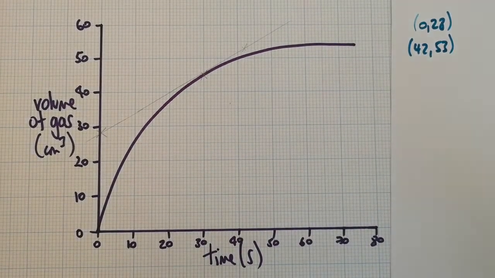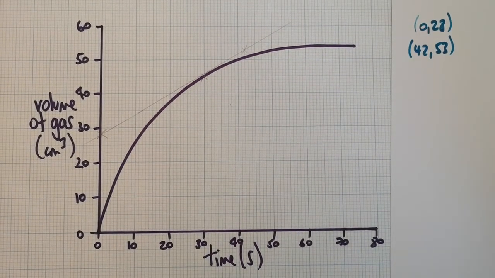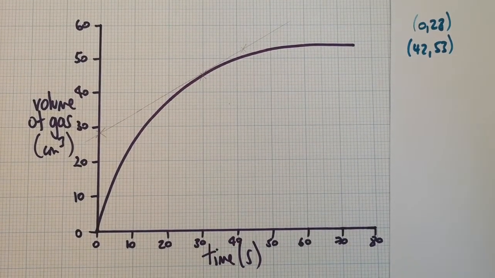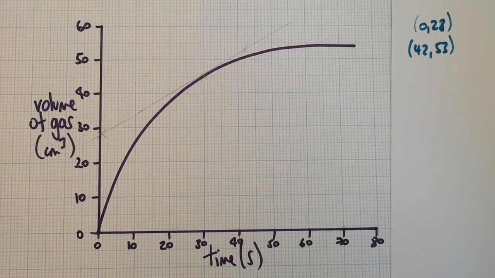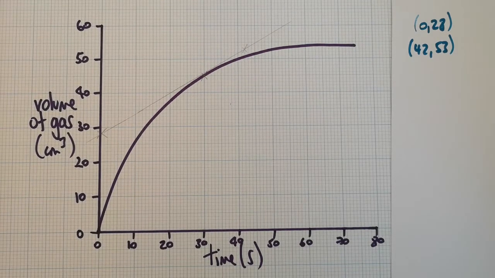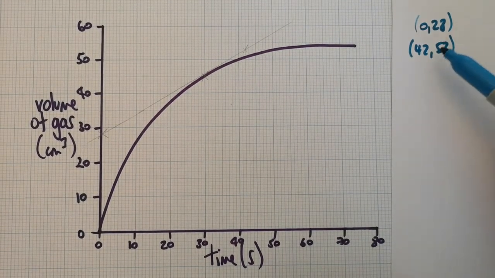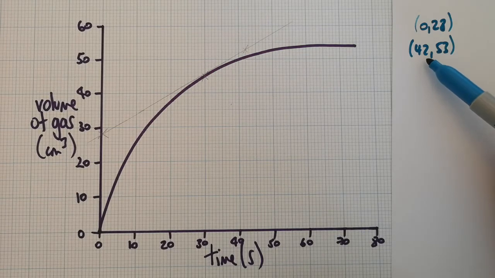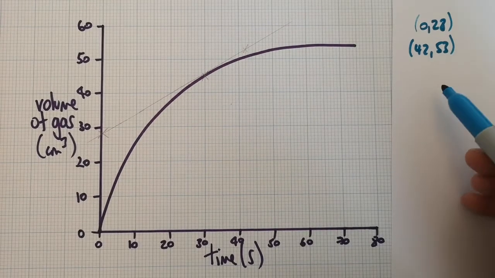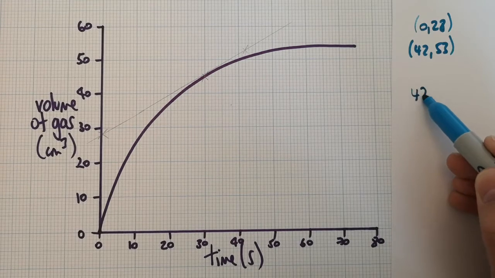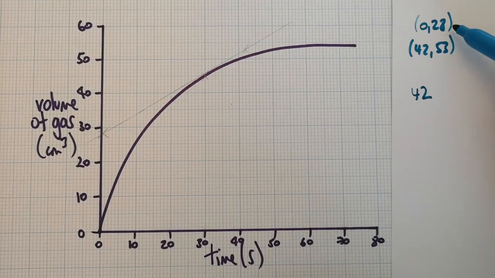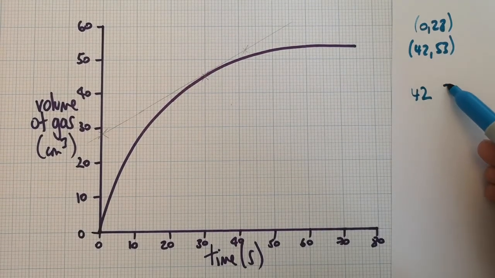These are my 2 coordinates that are on my straight line. It allows me to now determine a gradient from that. Okay, so you can see that on my x-axis it's gone from 0 to 42, so the difference is 42, and on my y-axis it's gone from 28 to 53, so my difference is 25.